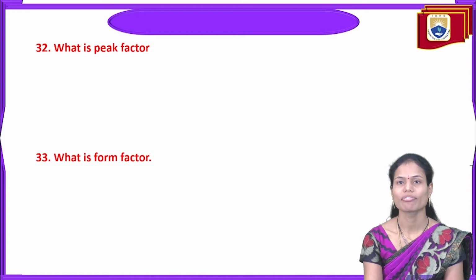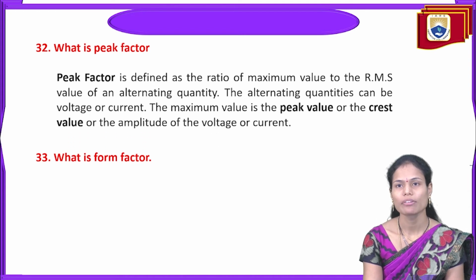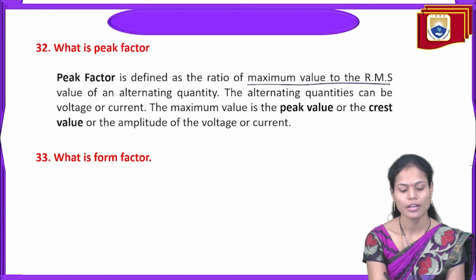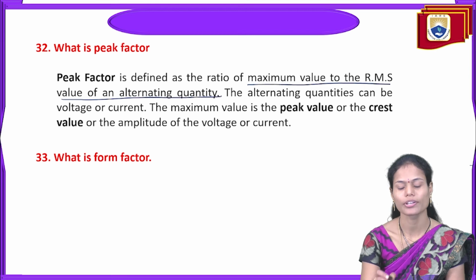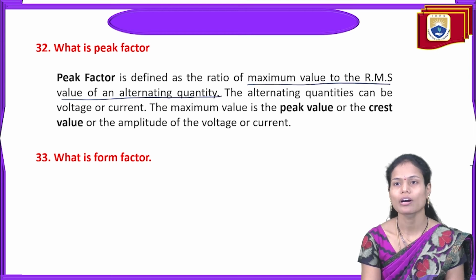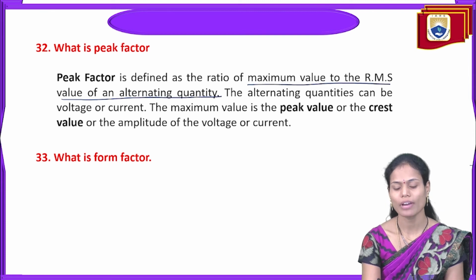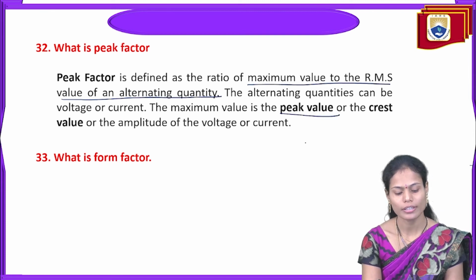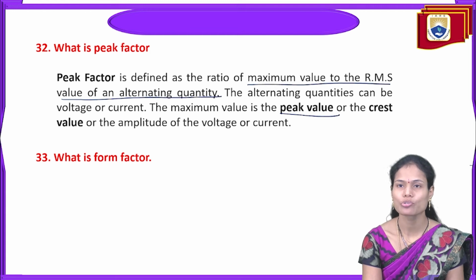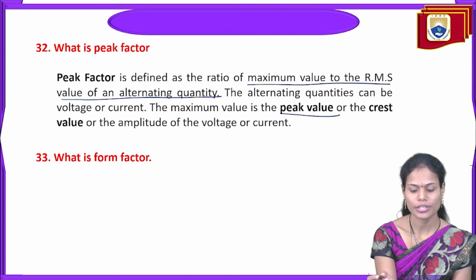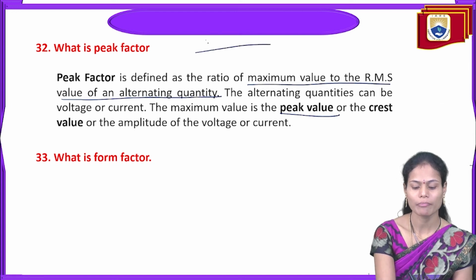What is peak factor? Peak factor is defined as the ratio of the maximum value to the RMS value of an alternating quantity. The alternating quantities can be either voltage or current. The maximum value is the peak value, or the crest value, or the amplitude of the voltage or current.